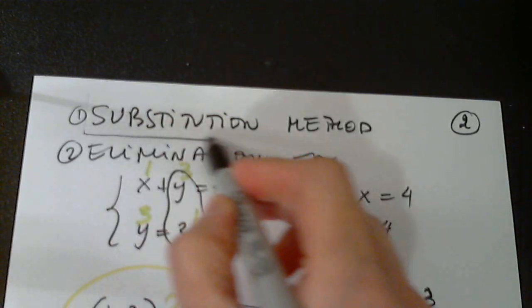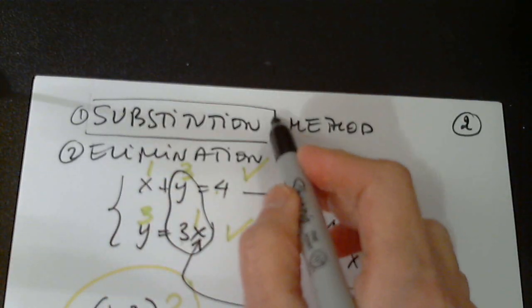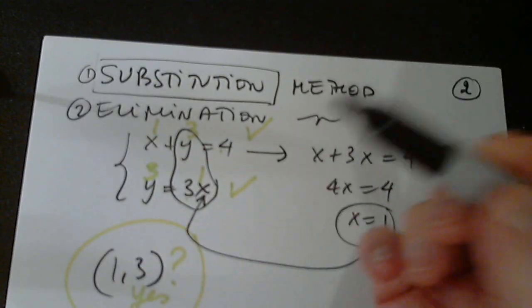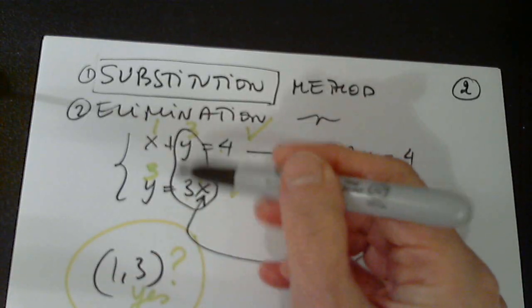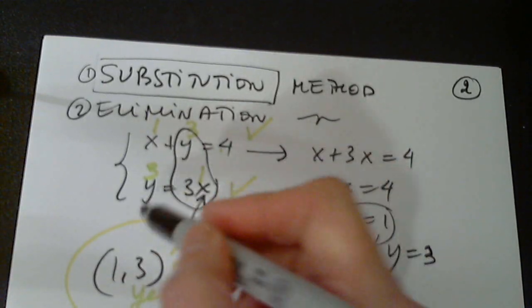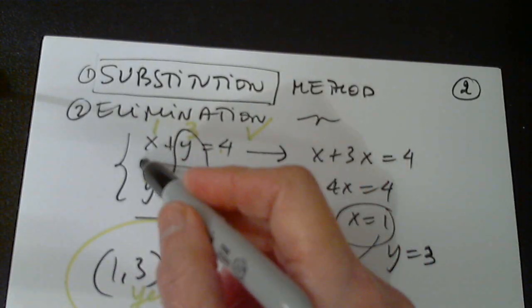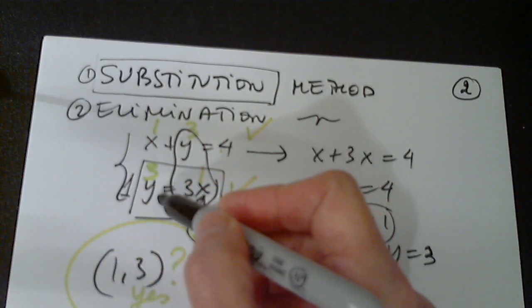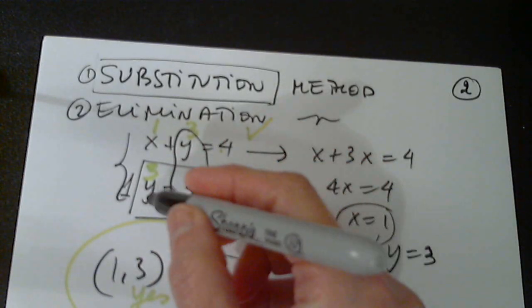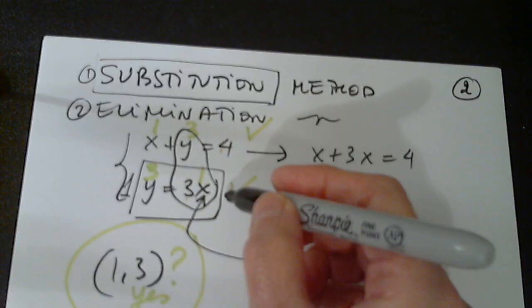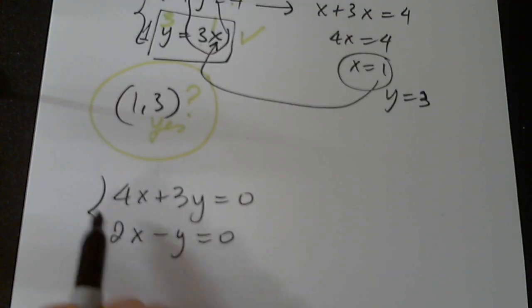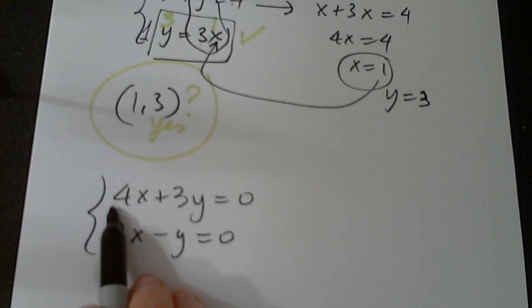So when I substitute, I have to make sure that I'm able to present either equation in this kind of format: 1y equals something, or 1x equals something. Well, I cannot solve this equation for x because then I'll have a division.